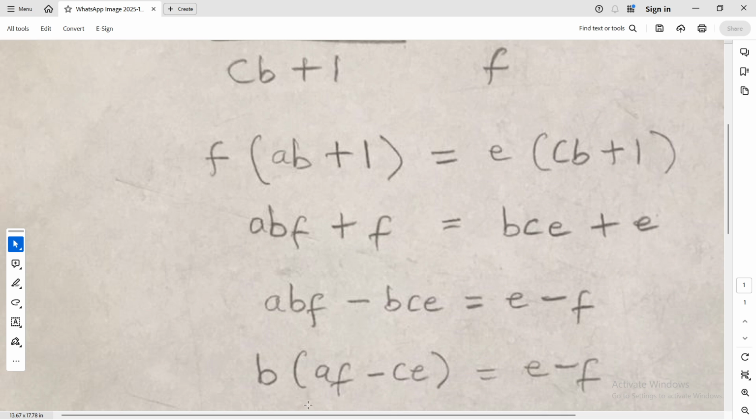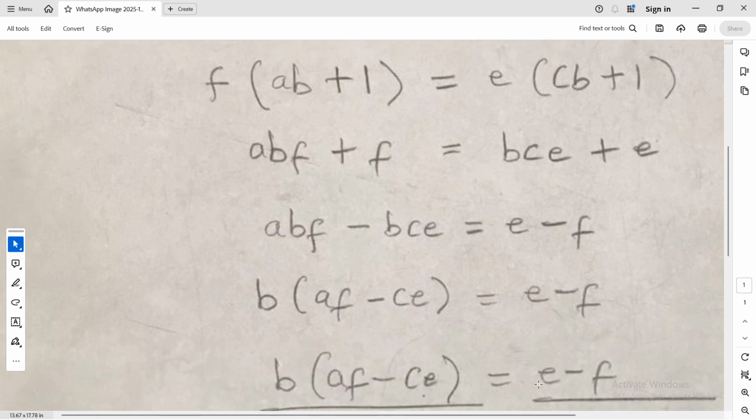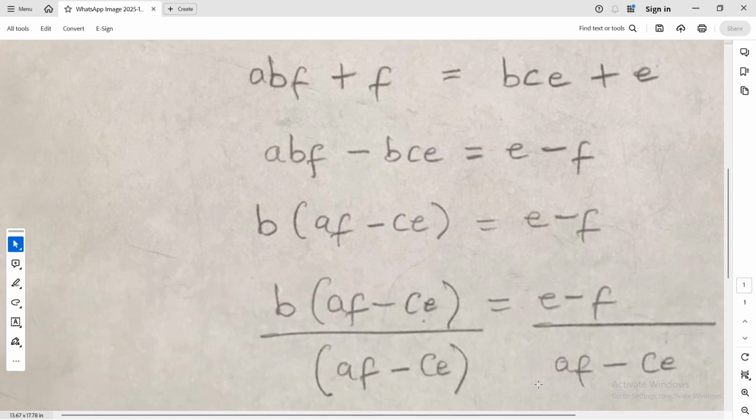And in eliminating it, we have to cancel out the equation with AF minus CE, right? And what you do for the left hand side, you do same for the right hand side. So we are going to have our new equation to be the fraction B multiplying, in brackets, AF minus CE, over, in brackets, AF minus CE again, equals the fraction E minus F over AF minus CE.